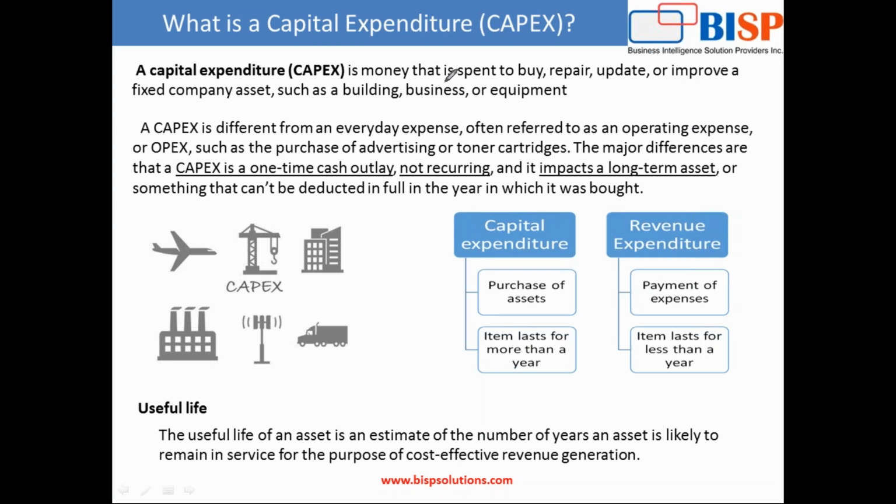So the money which is spent in order to procure any asset is considered to be a capital expense. The formal definition of capital expenditure is the money that is spent to buy, repair, update or improve a fixed asset of a company, such as buildings, business and equipment.